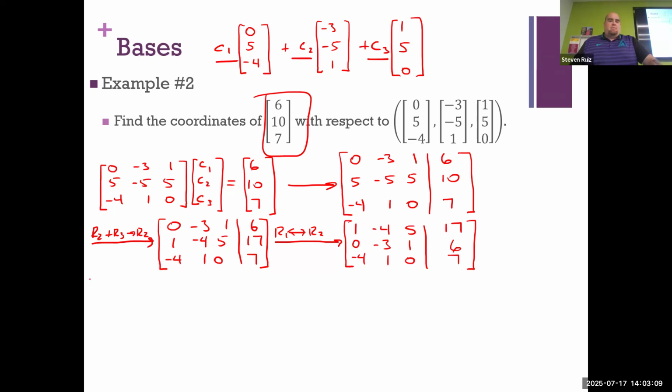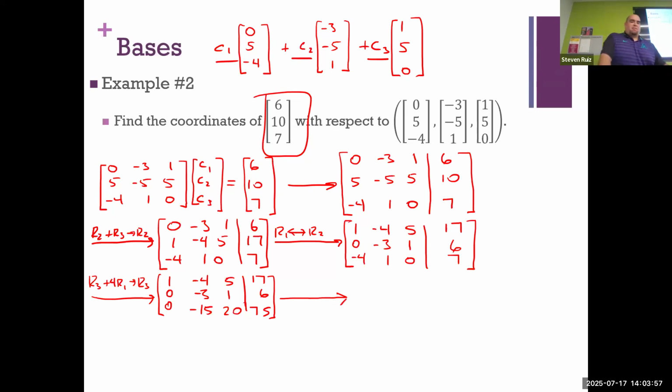One, three. Is that okay? The numbers got really big, but really convenient at the same time.